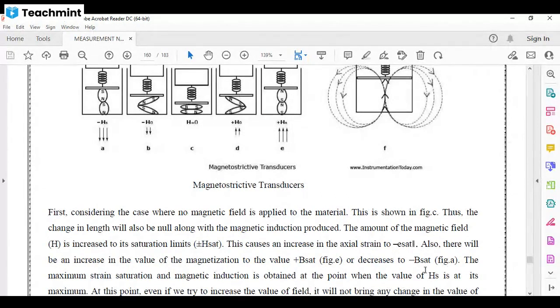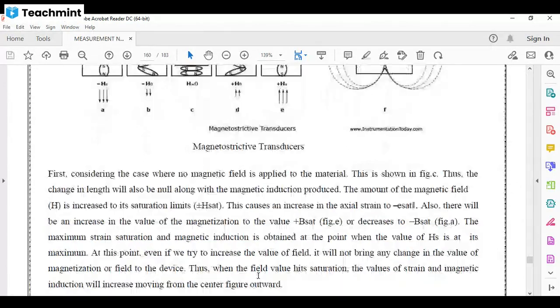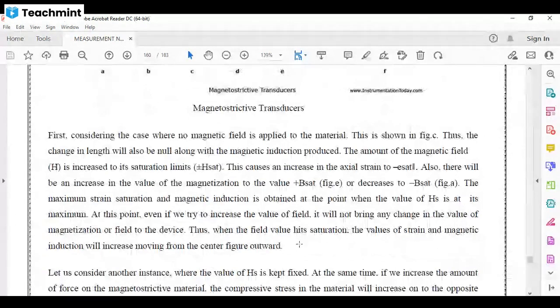The maximum strain, saturation, and magnetic induction are obtained at the point when the value of Hs is at its maximum. At this point, even if we try to increase the value of the field, it will not bring any change in the value of the magnetization or the field to the device.